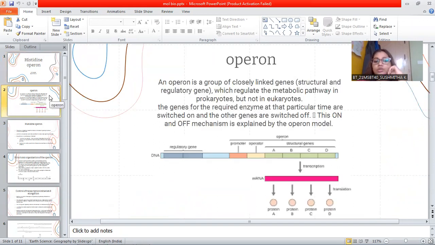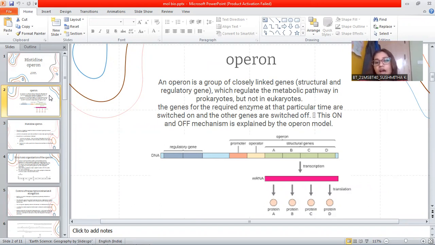Before getting into histidine operon, first let us discuss what is operon. Operon is basically a group of closely linked genes, which include structural and regulatory genes. These genes are involved in the regulation of a metabolic process.